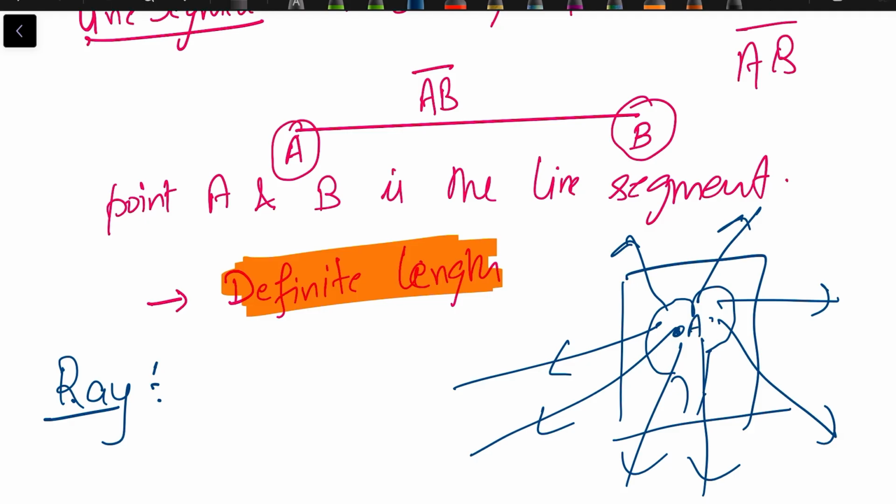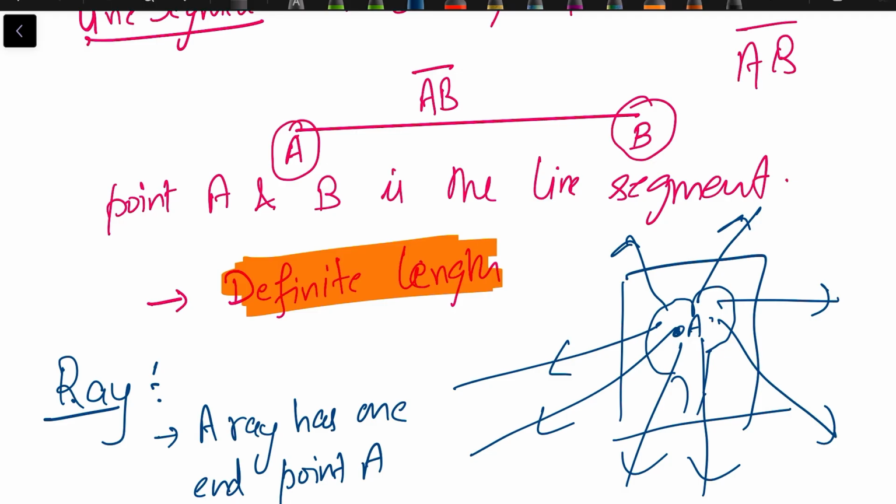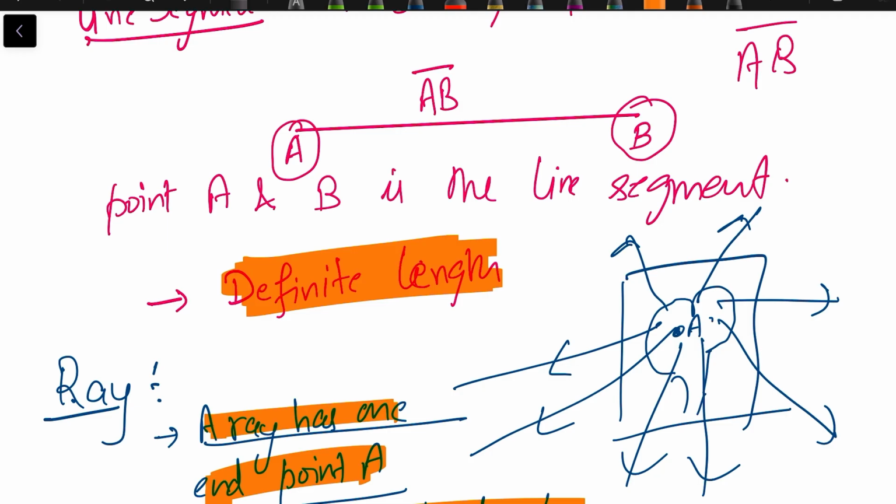So a ray has one endpoint, that we'll say is A. A ray has one endpoint and no definite length. That's known as the ray.